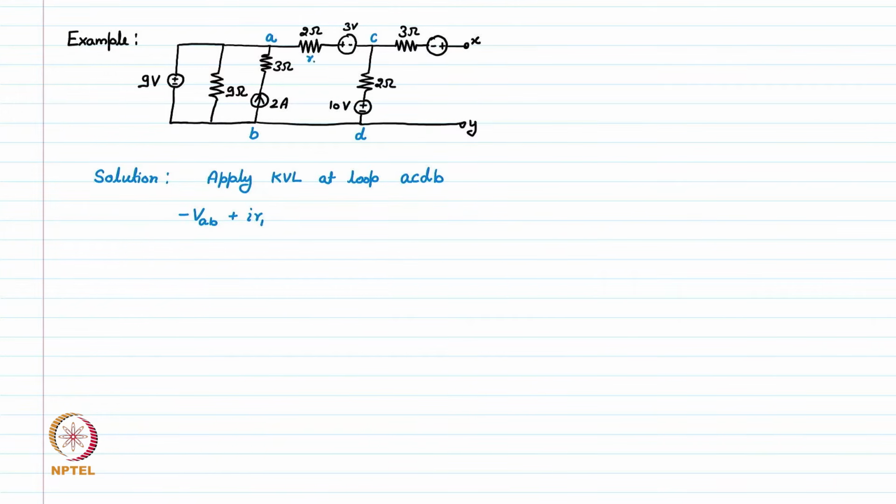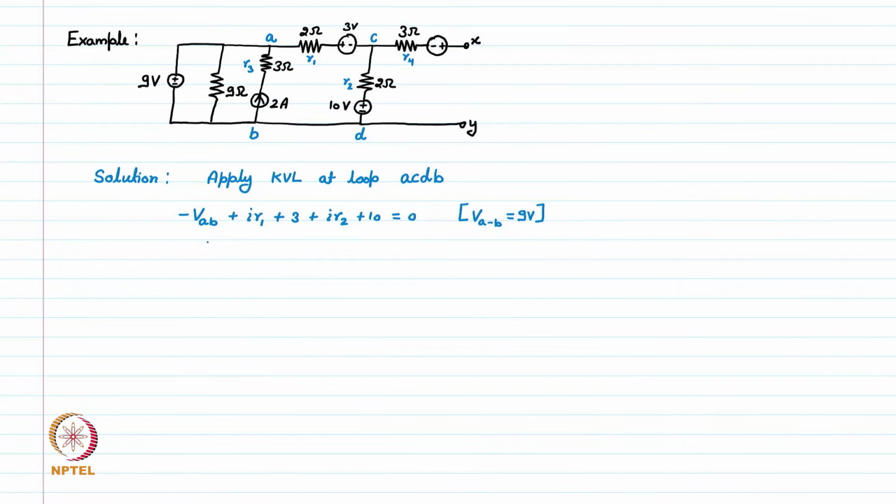Let's say this is R1, this is R2, this is R3, this is R4. Plus 3 plus I R2 plus 10 equal to 0, and we know that VAB is 9 volt, which is given here.